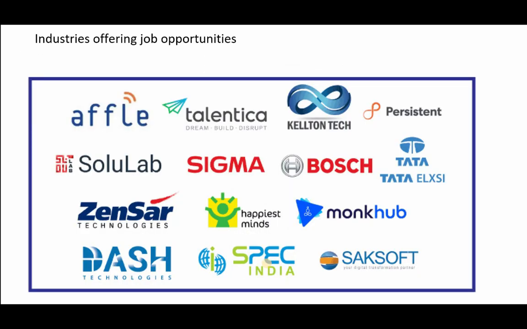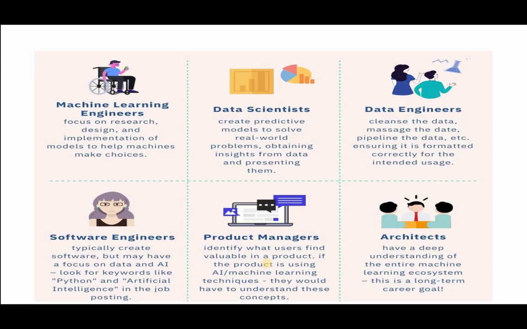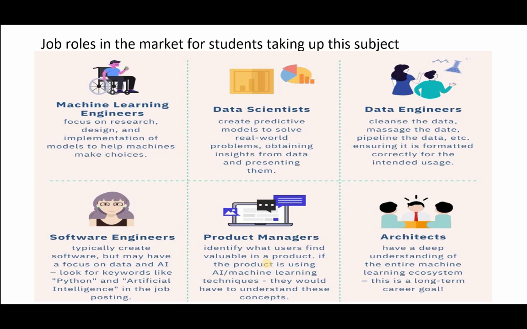I have just listed a few here, but almost all the solution providing industries in the domains we listed earlier use computational intelligence. The job roles: you'll be inducted as machine learning engineers, data scientists, data engineers, software engineers, product managers, and architects. Because this can be applied to all fields, you will find application of computational intelligence in all branches of engineering. So this was my presentation.